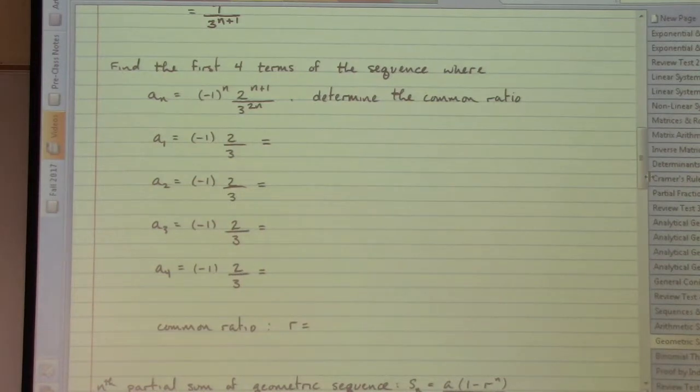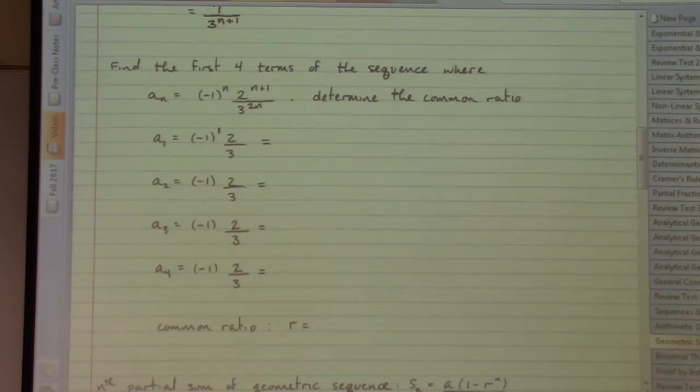So plugging in a 1 for our n would make a -1 with a power of 1. It would make our 2 have a power of 2. And it would make our 3 have a power of 2. And that would give us the value -4 over 9.